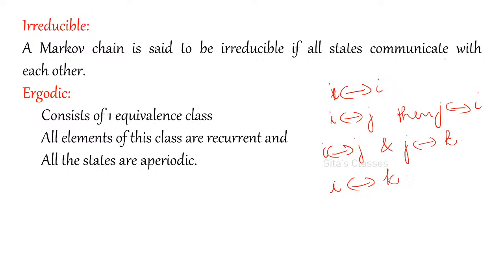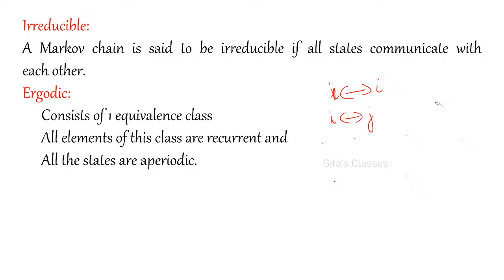That's what I'm explaining. So if you see the communicate relation, definitely it is an equivalence relation. You need not worry about that. So now all elements of this class are recurrent.